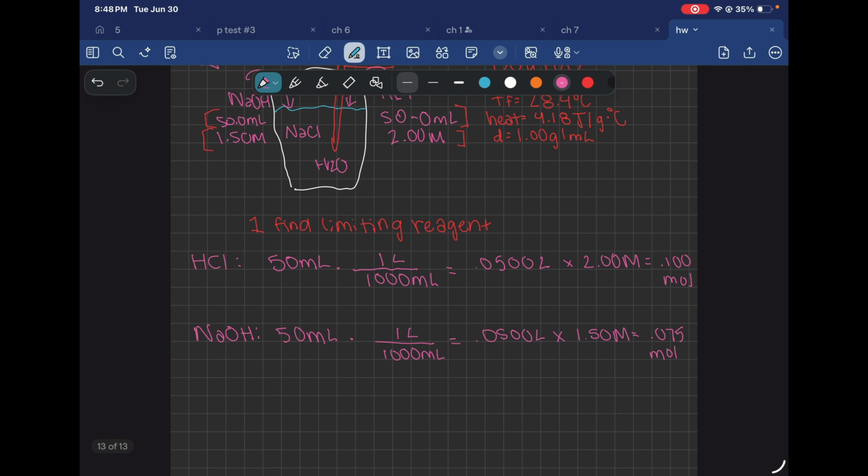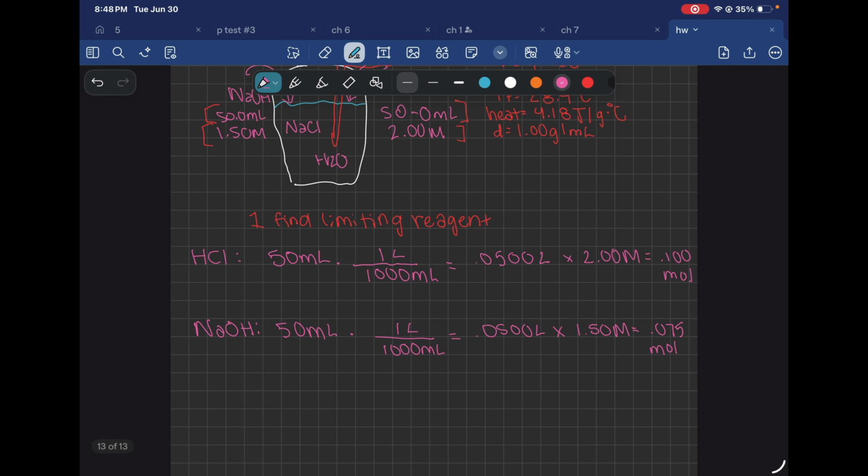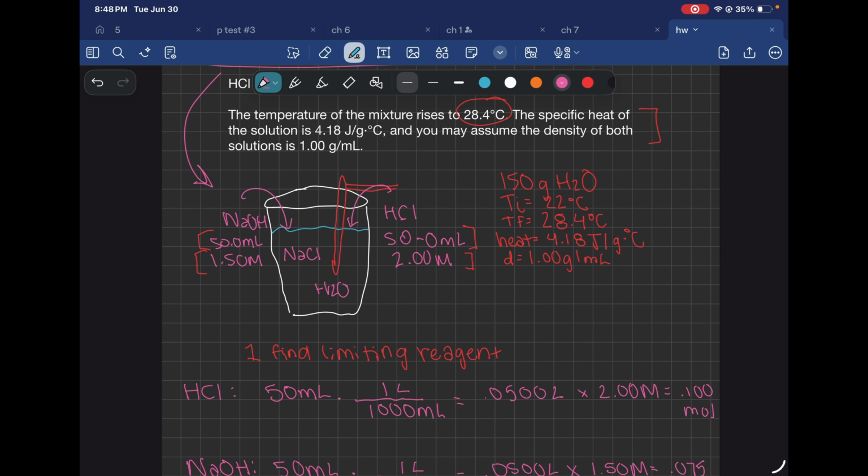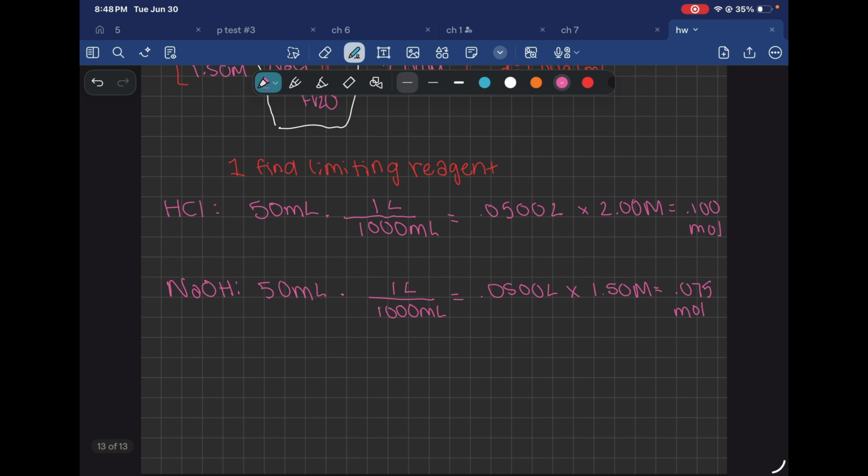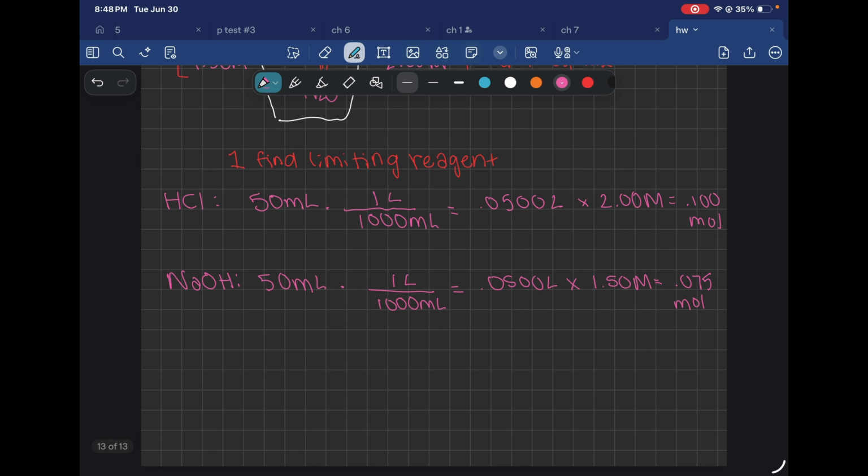So now that we have that the limiting reagent is NaOH, let's calculate the mass of the solution. So we're given early on right here 50 milliliters of HCl, and then we have 50 milliliters of NaOH. So let me write number 2, calculate mass of solution.